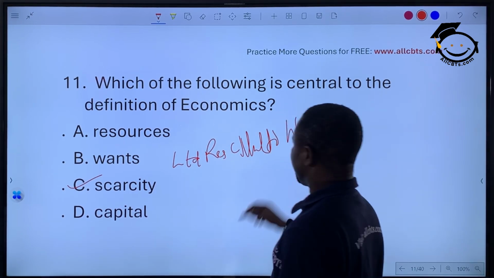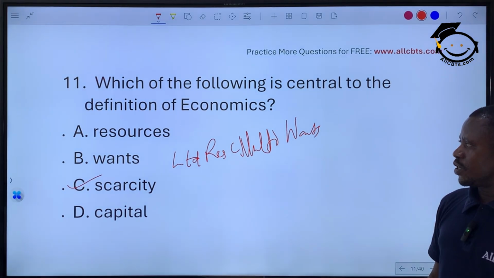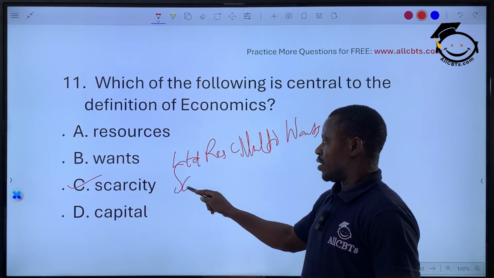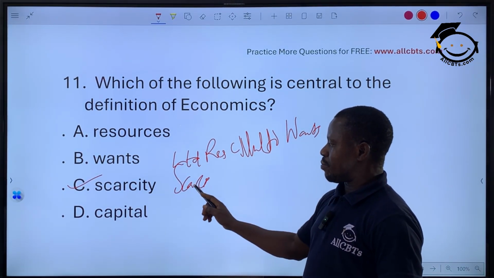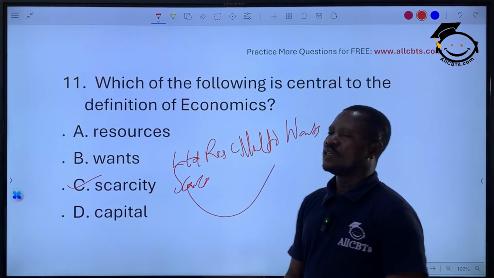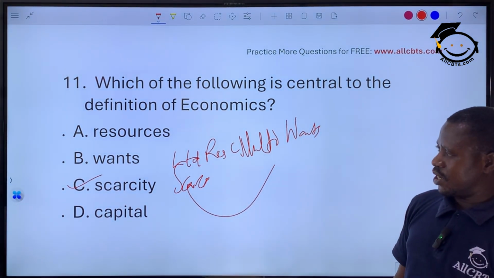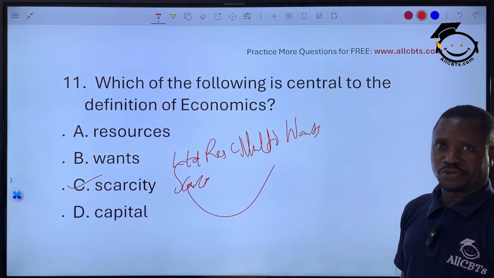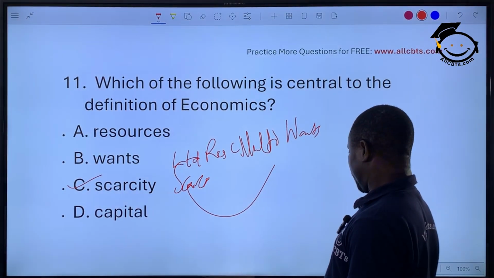We always believe that there is scarcity of resources, and then we need economics to say we can manage these resources to meet these unlimited wants. Scarcity is a major cause of the study of economics.